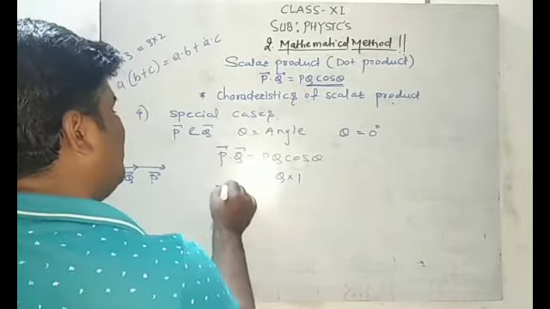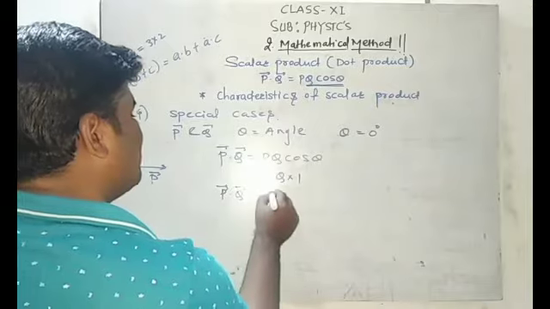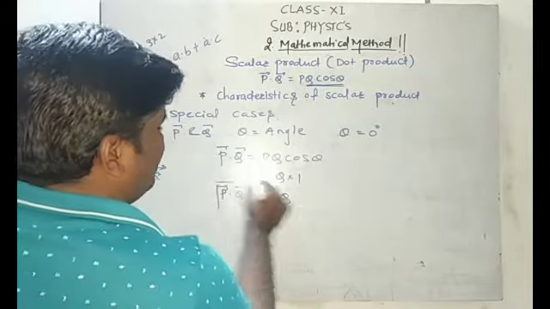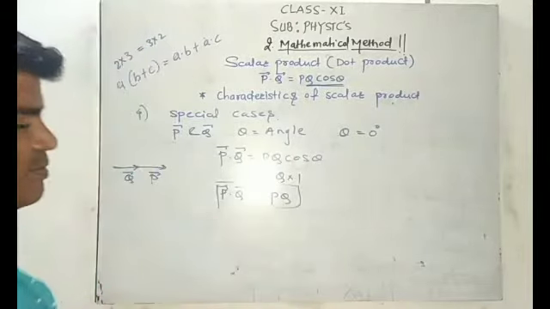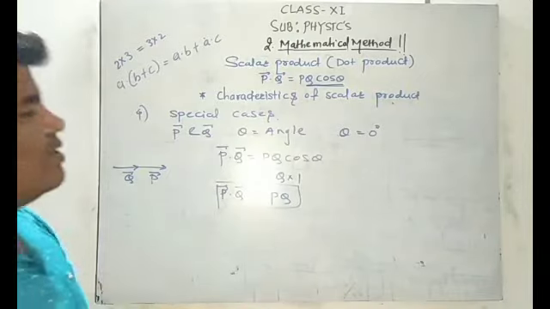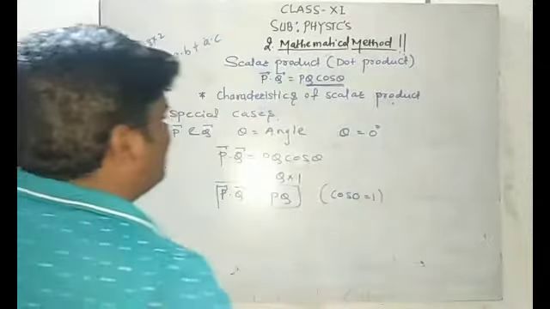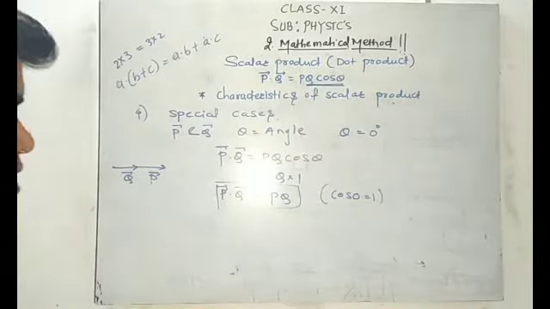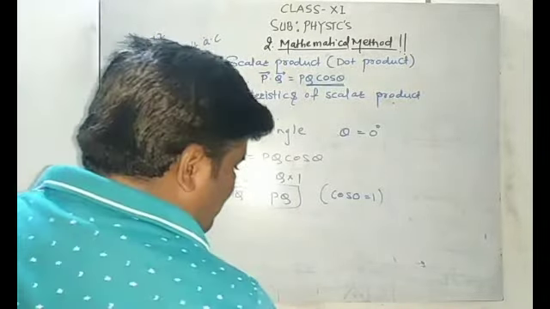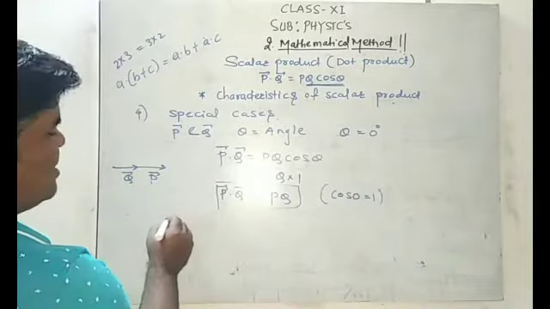And therefore p bar dot q bar is equal to pq, right? Because cos of 0 is equal to 1.